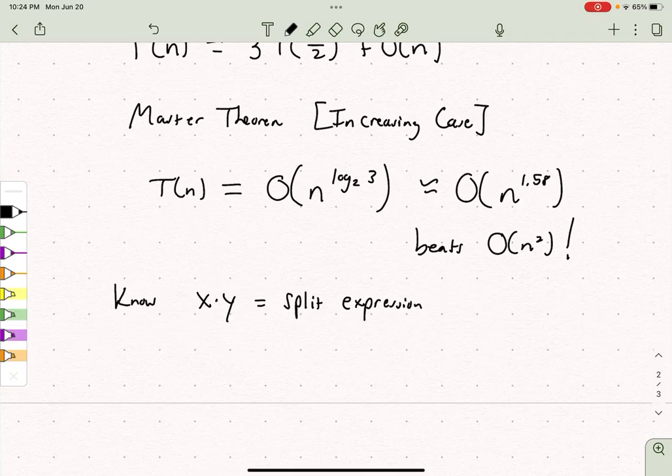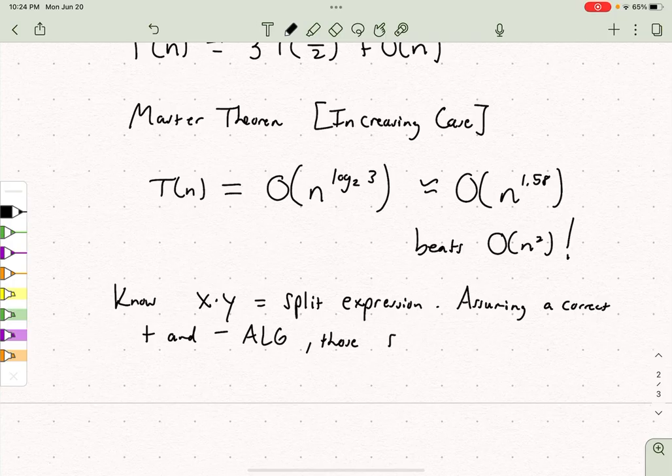So as long as we're correctly multiplying and adding things, the whole algorithm's correct. In particular, assuming we're using a correct plus and minus algorithm, those steps are correct, which we can always assume we know how to add and subtract.